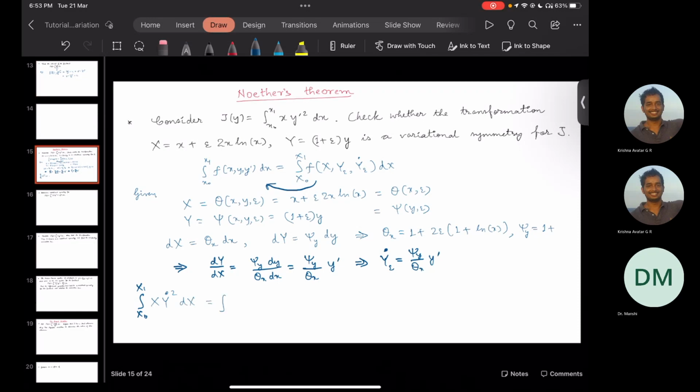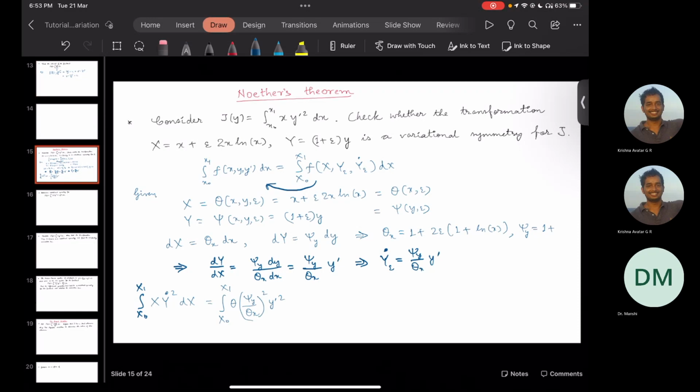So this I can write as the integral from x naught to x1, and capital X is nothing but theta, so I'll write theta here, and Y prime squared is psi y by theta x, squared, times y prime squared.